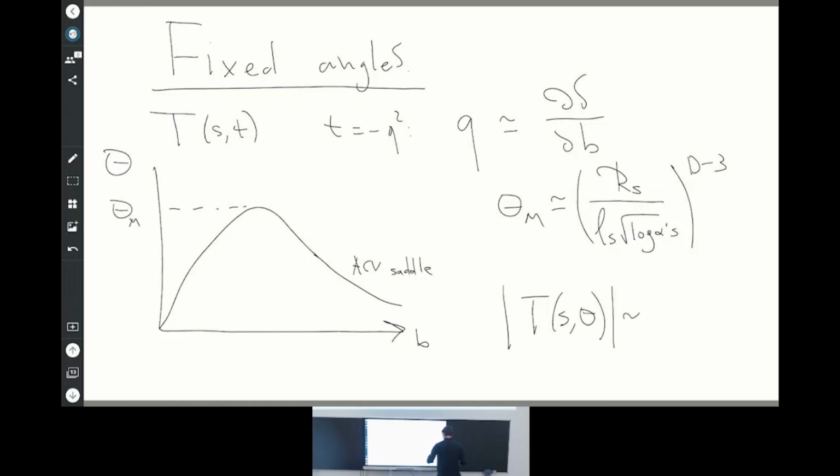It is something e to the minus square root s, 1 minus 1 over d minus 3 times some theta to the d minus 2 over d minus 3.